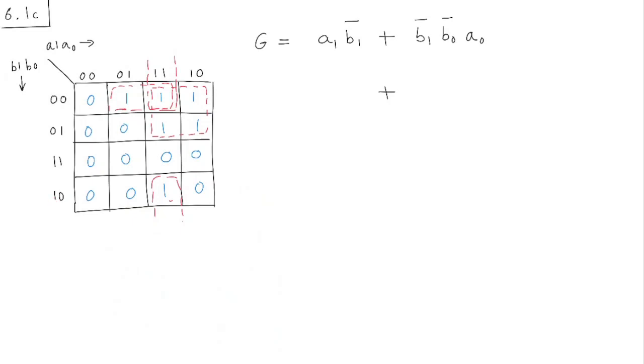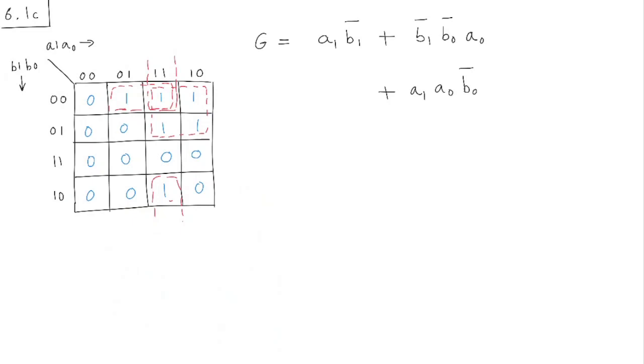And what we then get is A1, A0, and B0 bar. Okay, and that's our term for G. Similarly, you can get the terms for L and E as well. You can look at the complete solution.